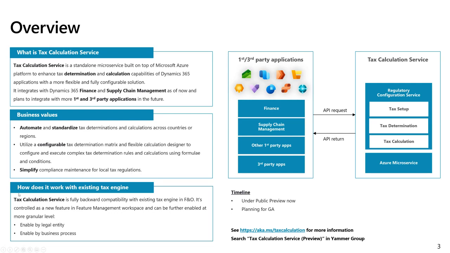And we got some questions on how the tax calculation service works with existing tax engines. So the answer is, from a functional perspective, tax calculation service is fully backward compatible with the existing tax engine in Dynamics 365 Finance and Operation apps. So how to enable it? You can enable it by your tenant. It's a new feature in your feature management workspace. You can just enable it like other features. And we have 2 further levels of control here.